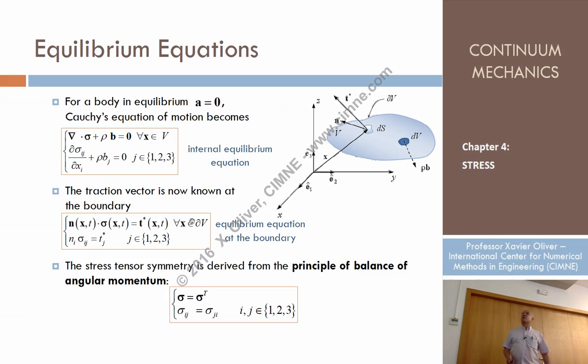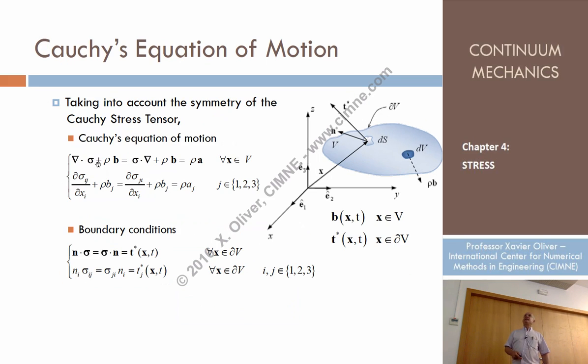And now there are consequences of that. Due to the symmetry, the divergence of sigma can be written also as sigma dot nabla. Because sigma ij equals sigma ji, nabla sigma is equal to sigma nabla, and that is an alternative way to write the conditions.